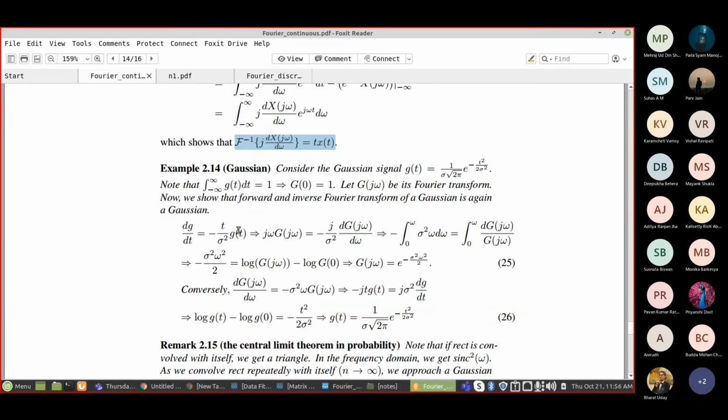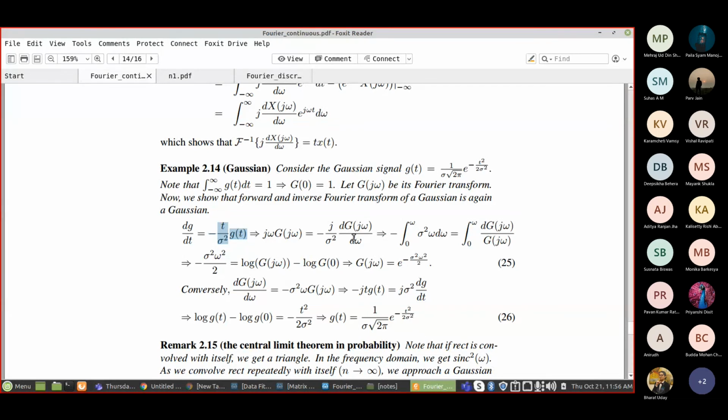Here we have multiplication in time domain with g, so that will turn into d/d omega in the frequency domain. The j factor will be there, and the minus 1 over sigma squared factor stays. Since these two are equal, these two must be equal. I hope that is fine. This is related to this, and this is related to this, by the differentiation multiplication property.